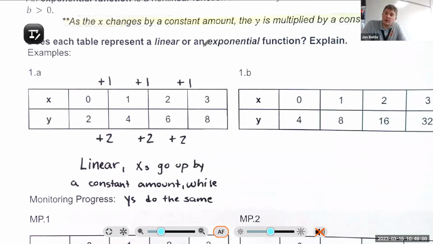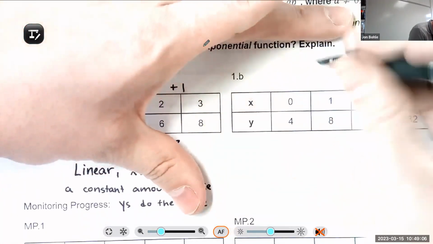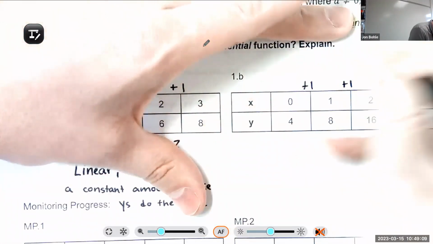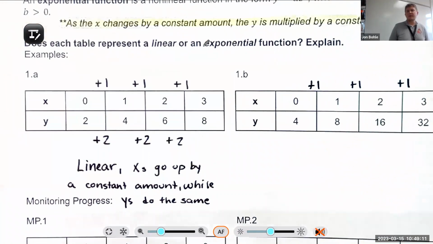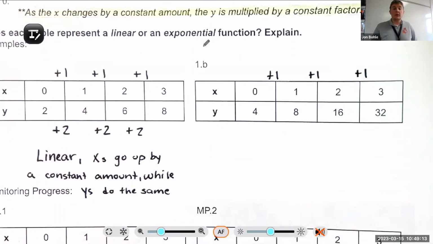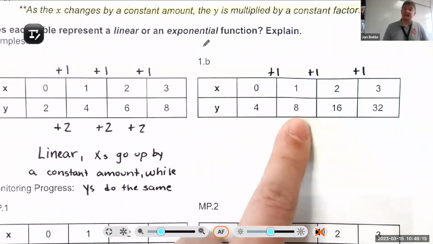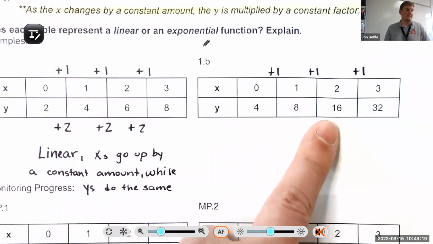Okay, 1b. Let's look at the x's. Same thing. What's happening in the x's? Up by 1. That's a good thing. What about the y's? Let's check. 4 to 8. Is that times 2? 8 to 16. Is that times 2? 16 to 32.